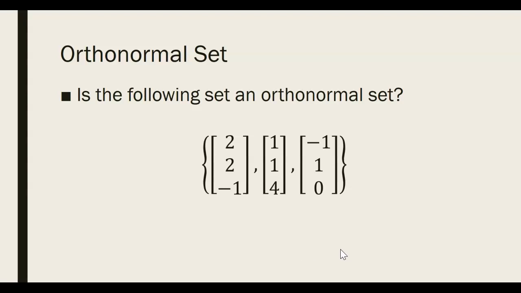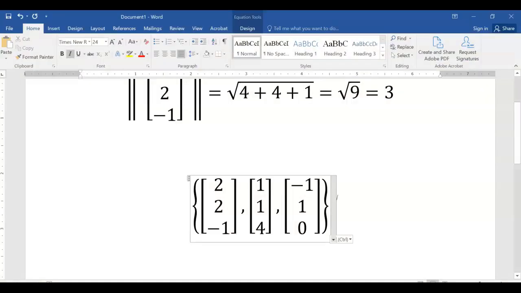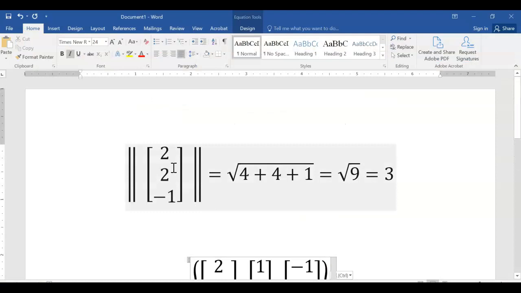So what you should notice, or what should sort of pop out at you, is that actually none of these vectors are of length 1. It suffices, however, to just show that one of them is not length 1. So I'm going to take the 2, 2, -1 and find the length. It's going to be the square root of 2 times 2, which is 4, 2 times 2, which is 4, -1 times -1, which is 1.